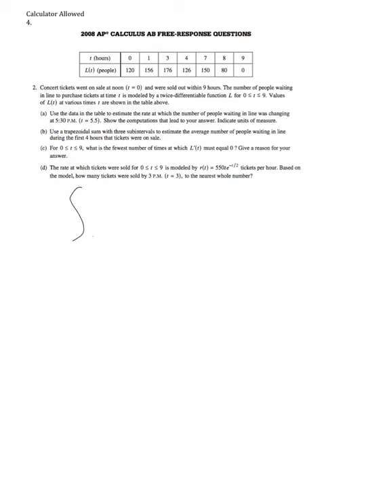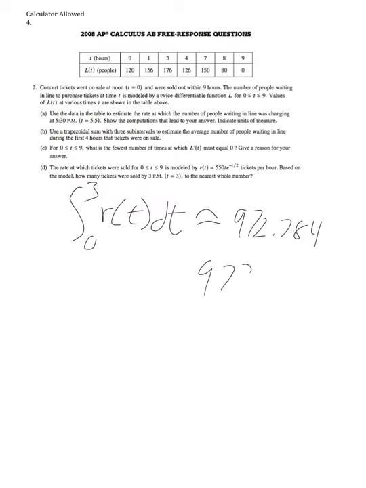So the integral from 0 to 3 of r of t dt, which is about 972.784. They want that rounded to the nearest whole number. So we're going to say 973. And they don't want any justification or anything, so that's it. All right, all done.